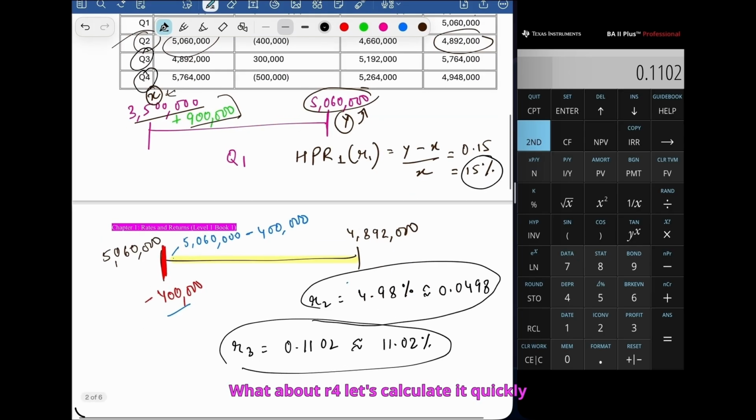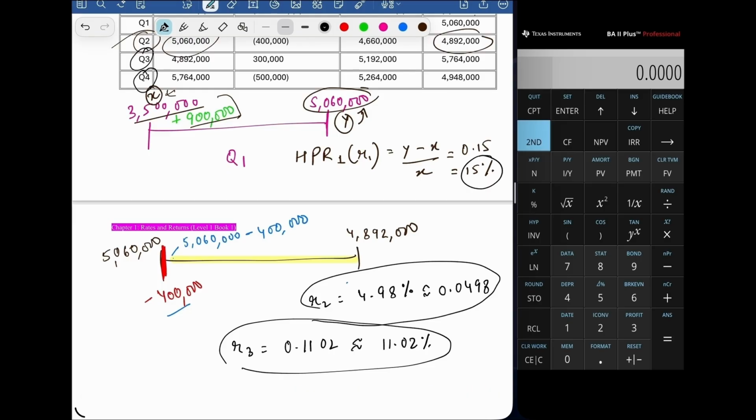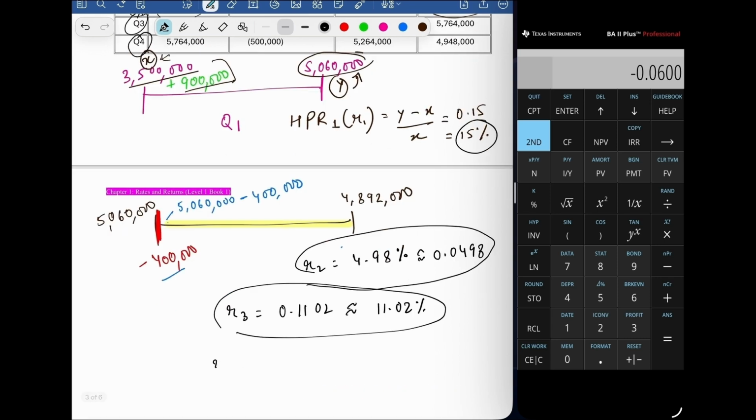What about R4? Let's calculate it quickly. 4,948,000 minus 5,264,000, this divided by 5,264,000. R4 is coming out to be minus 0.06, minus 6 percent.